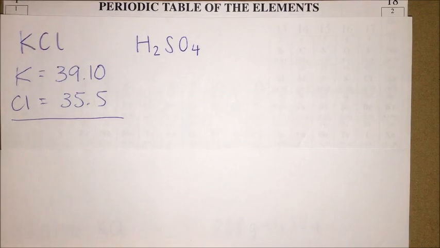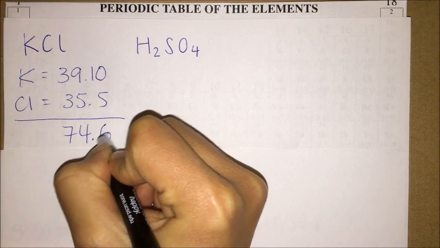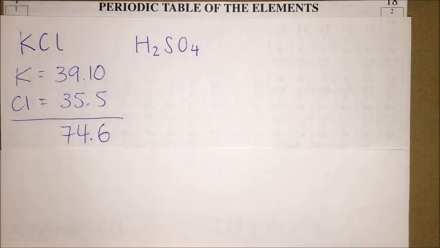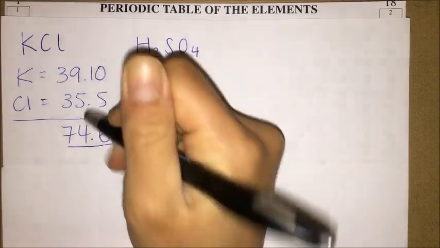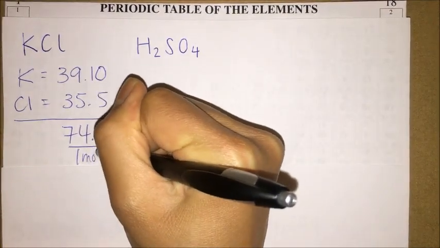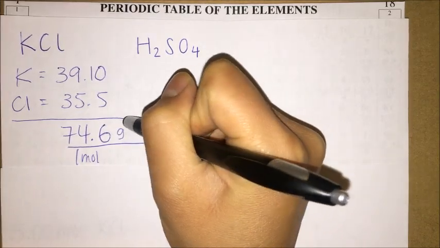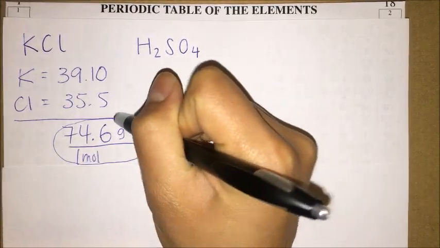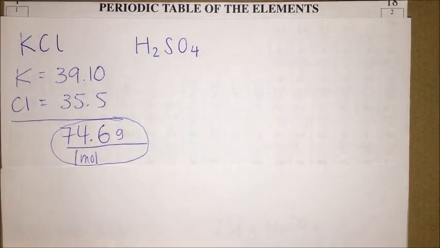So when you add them up, you will get 74.6. What this number means is that for every 1 mole of KCl, it will weigh 74.6 grams.